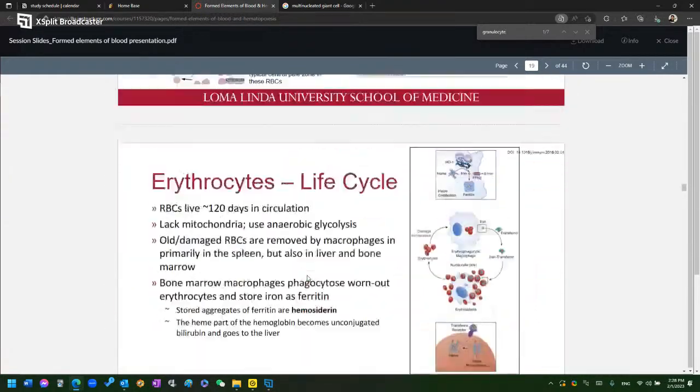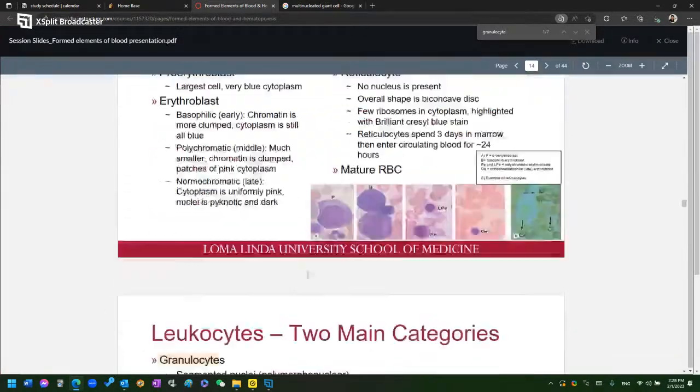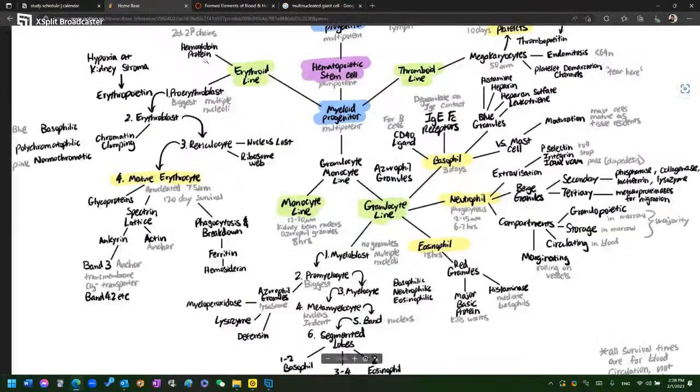There's a shared progenitor for these. But anyway, that granulomonocyte progenitor splits into the granulocytes and the monocytes.